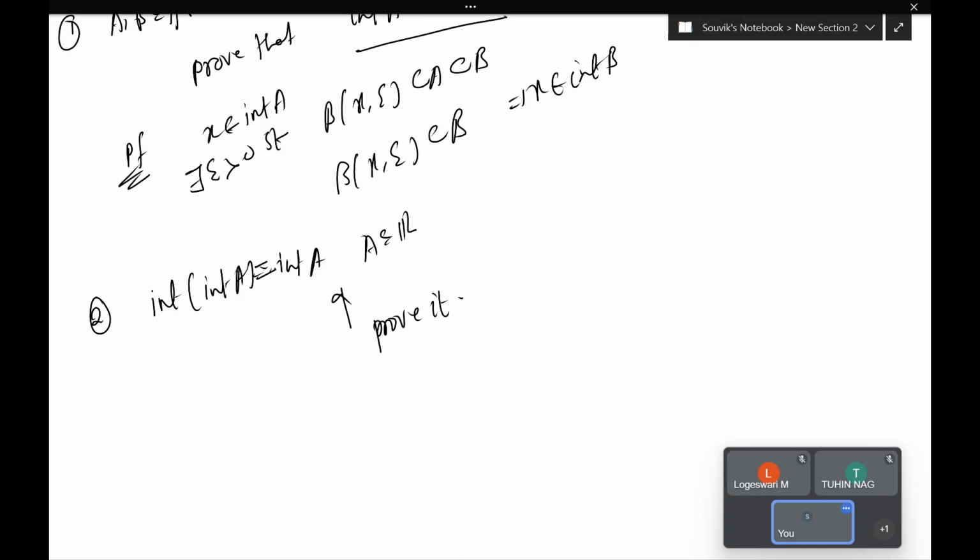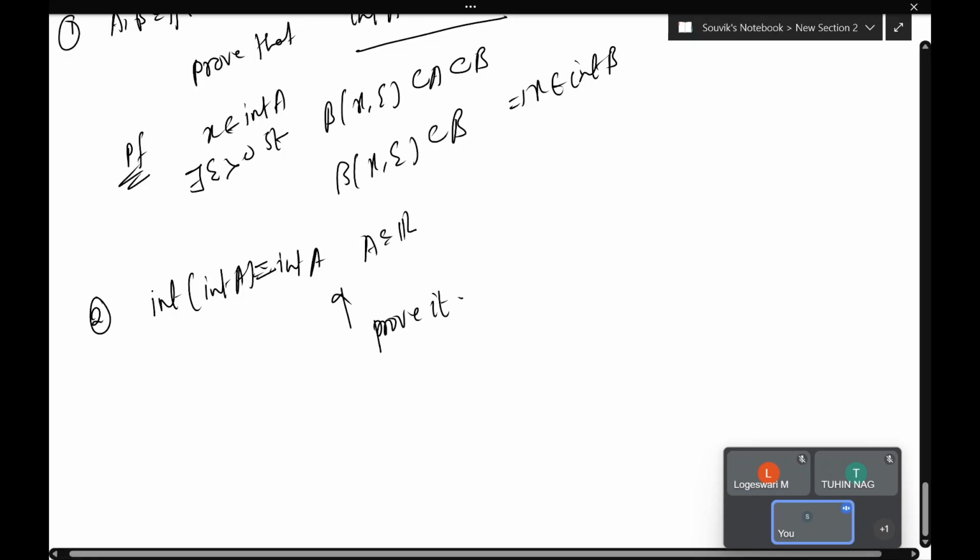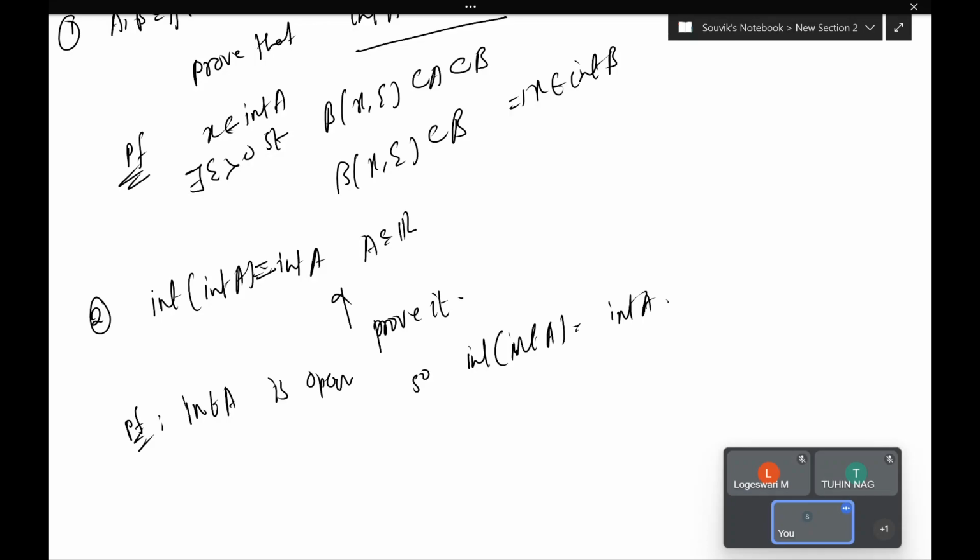Just think about it. Well, no issue. We have already seen that the interior of A is open. Now since the interior is open, obviously its interior will be the same thing. That's how we can say the interior of the interior of A is equal to the interior of A.